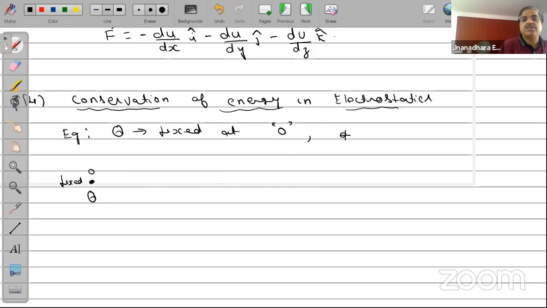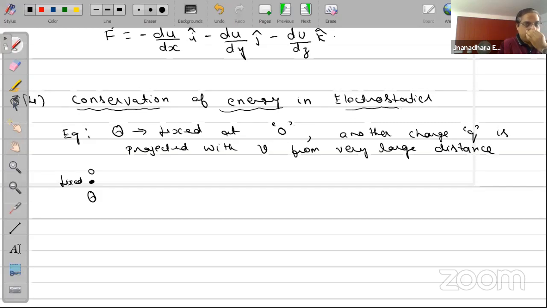Another charge Q is projected with velocity v from a very large distance.